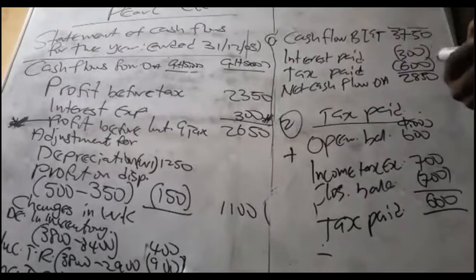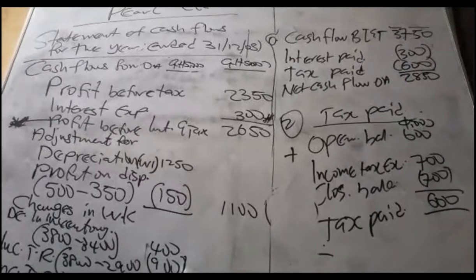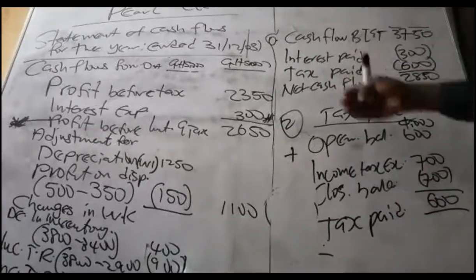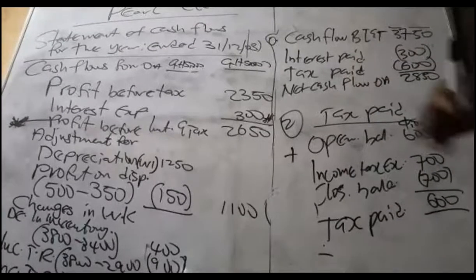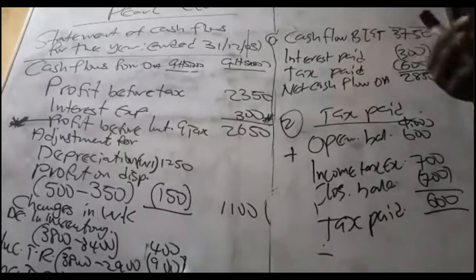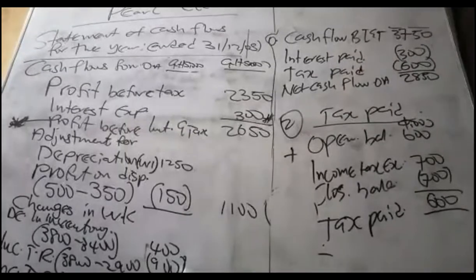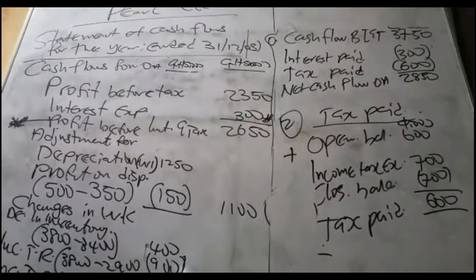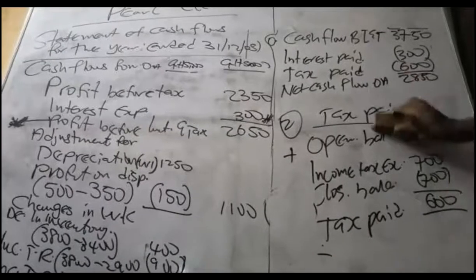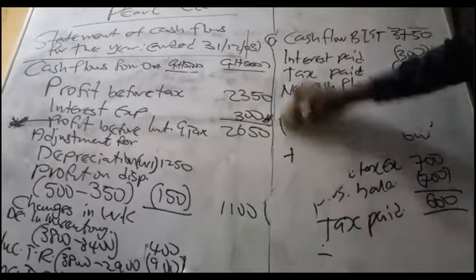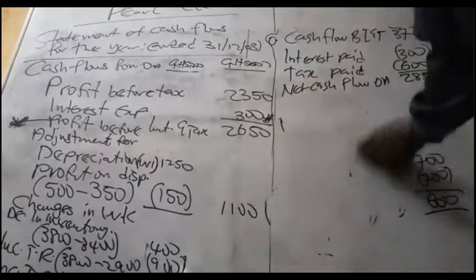We are done with the cash flow from operating activity. We said that for cash flow purposes, the organization's activities are grouped into three. What are they? Operating activity, financing, and investing. We are done with the operating activity, so we can go to investing.